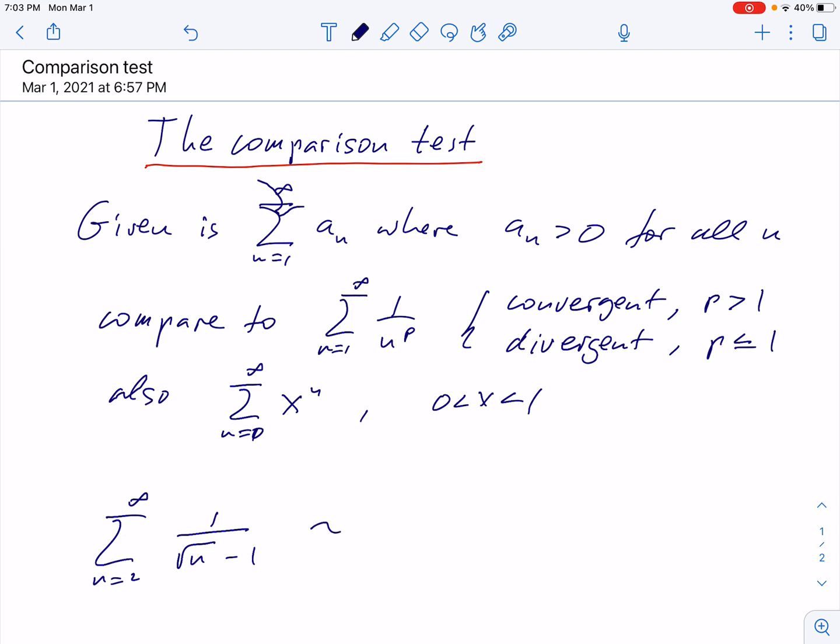Comparing, I shall use this sign, which will stay for similar. And this series will be similar to the series 1 over just root of n, which is 1 over n to the 1/2 power, and this series is divergent because it's a P series where P is 1/2, less than 1.